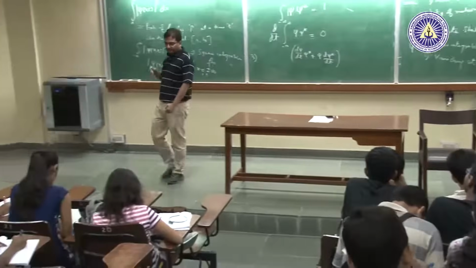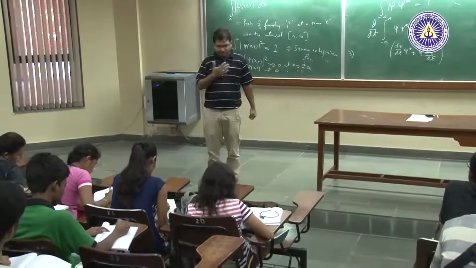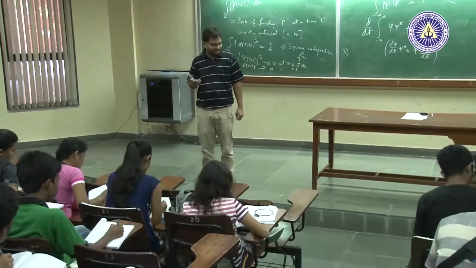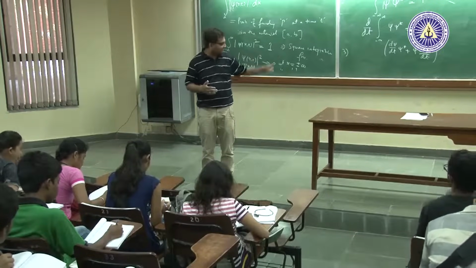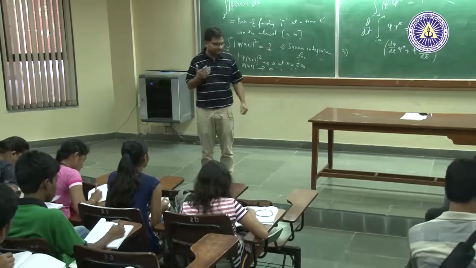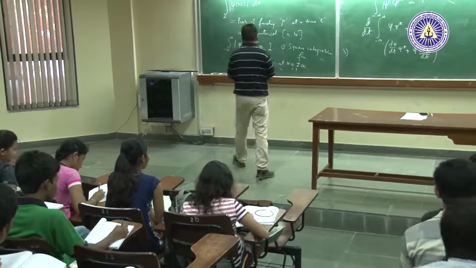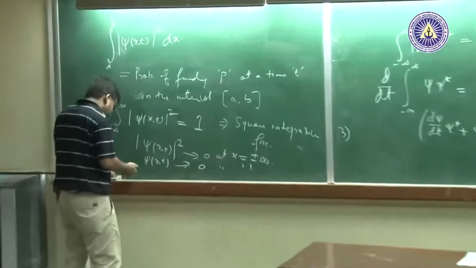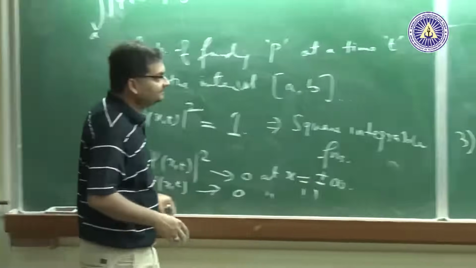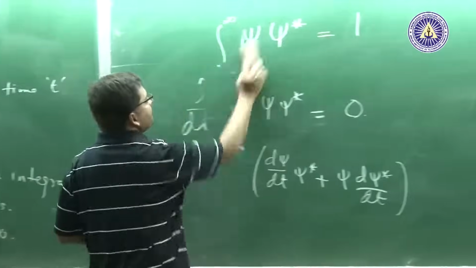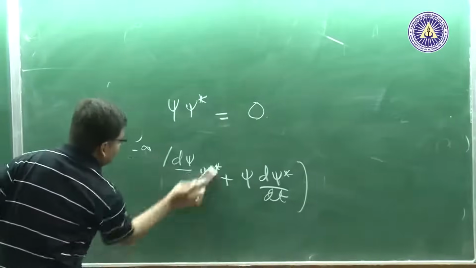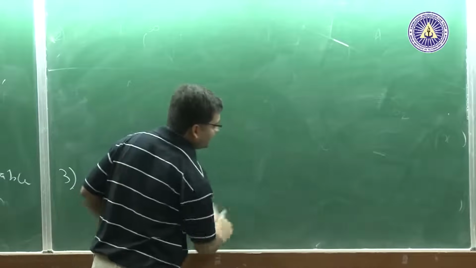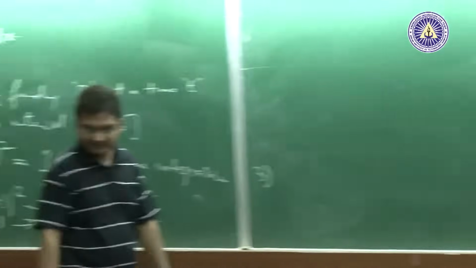Now suppose I want to measure the position of the particle. All we have said about the state and probability distribution, we have not yet defined a physical observable, which is the third step. We need to relate the state to the physical observable. So suppose I want to measure the location of the particle, x.